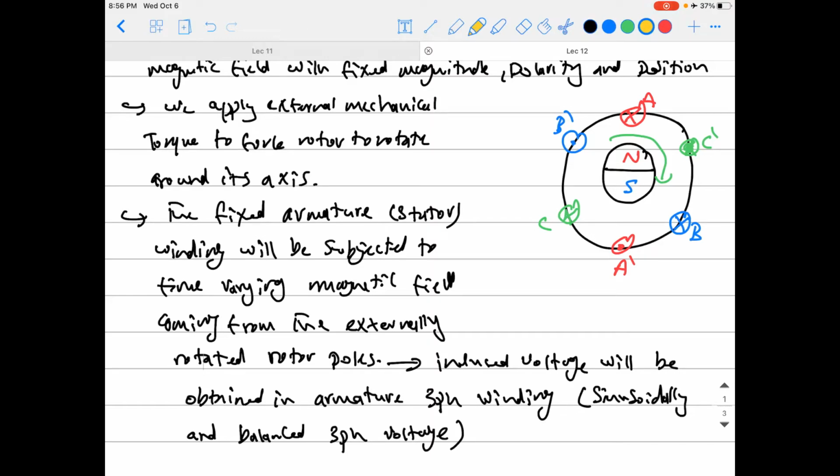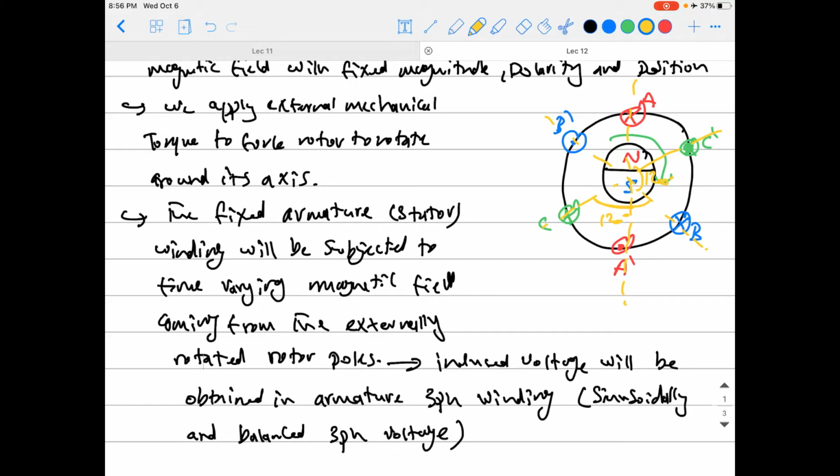Like we said before, if you have the axis of phase A and now the axis of phase B like that, this angle will be 120 degrees. And it's also now the axis of phase C, so you'll find this also to be 120 degrees. So you have a 120 degree phase shift between each winding and the next winding.